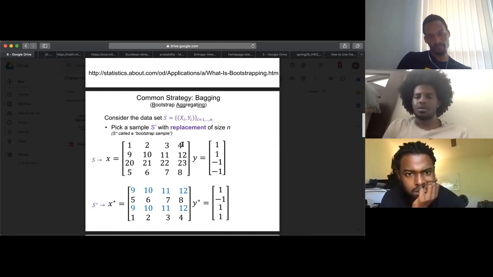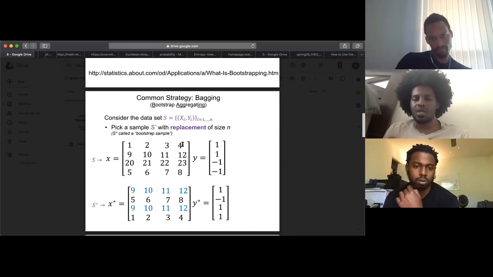So if I have an X and Y coordinate, and I have a set of 5 coordinates, the bagging strategy says that I should create a new set, S star, that uses X star. I still want to make sure I have 5 data points in my set. But what I'm going to do is randomly select those 5 from the original. So I can have duplicates, I can have whatever.